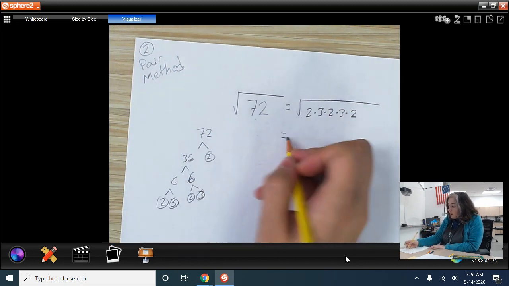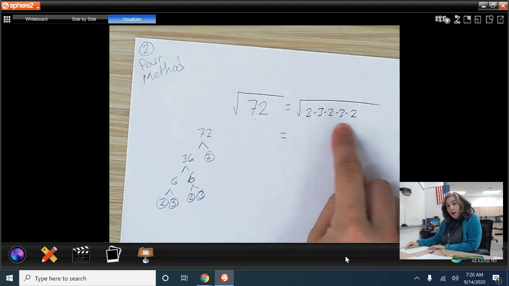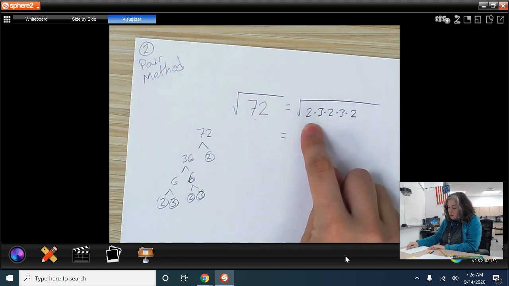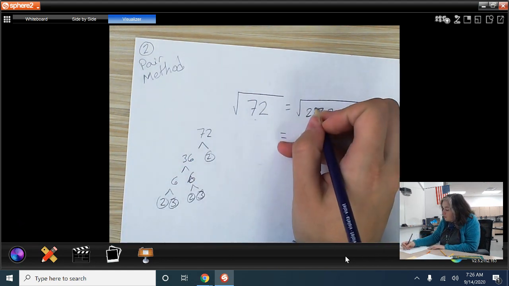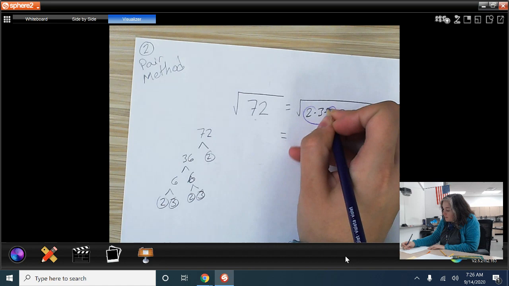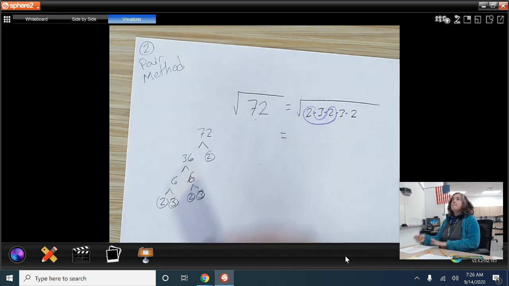When we do the pairing method, once I have all the prime factorization written out here, I'm going to go through and find buddies. The best way I can describe this is that the square root is like a jail or a prison, something like that. And in order to escape, they each need a buddy that matches themselves. If they don't have a buddy, they can't escape.